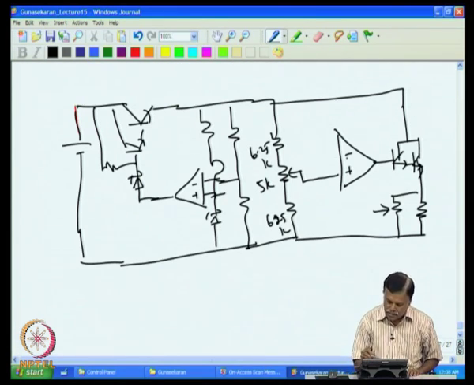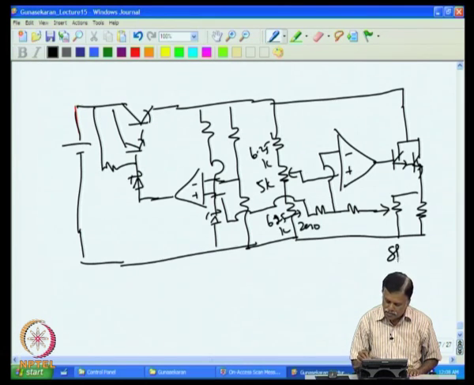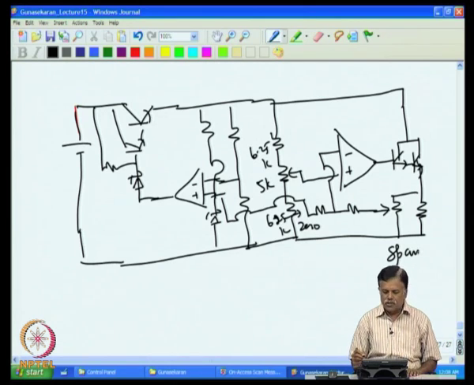This is given as a feedback. And this was used as a zero adjustment, this is used as a span adjustment. So, this is the current transmitter which we were discussing.